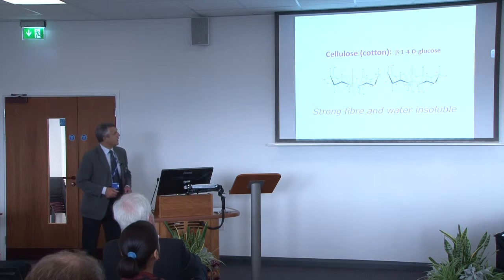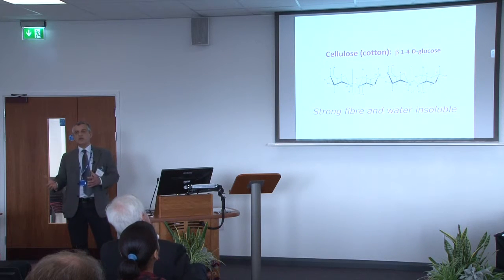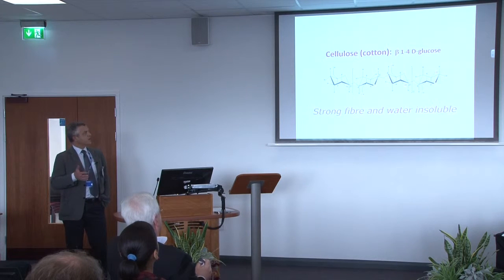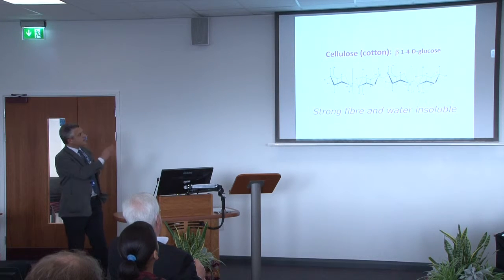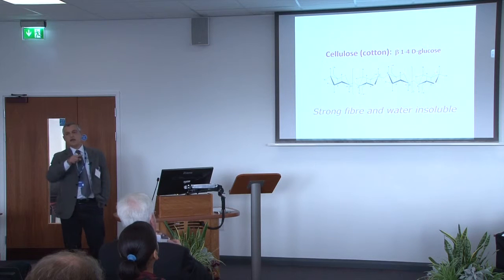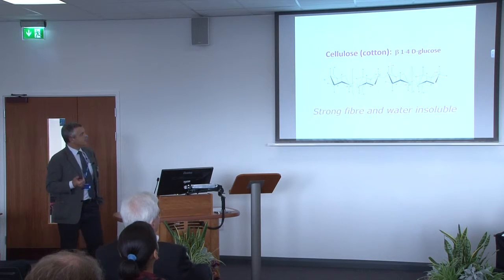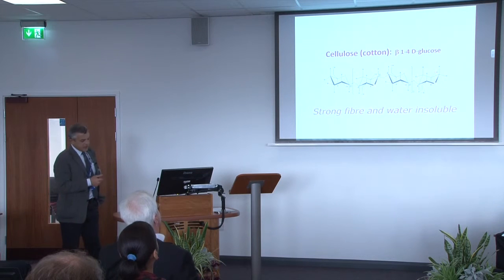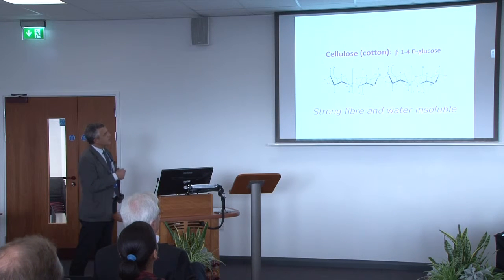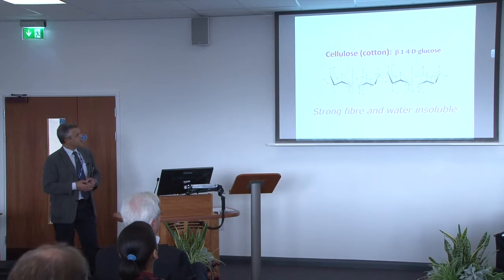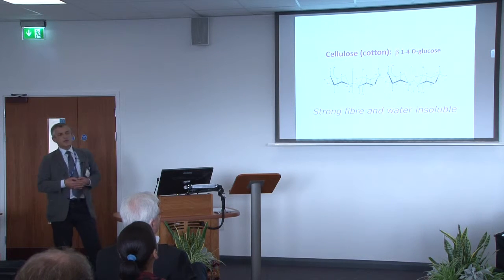And how do they do that? These are basically sugar units, as you heard from the previous speaker. Fruit juices and others, they're all sugar units, but these monomeric sugar units are linked in a certain way. As an example, cellulose, cotton, has a linkage of beta-1,4 glucose, and this gives us a strong fiber and water-insoluble material.